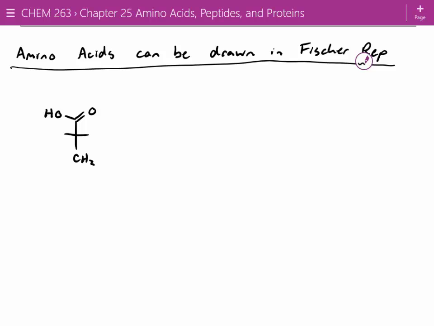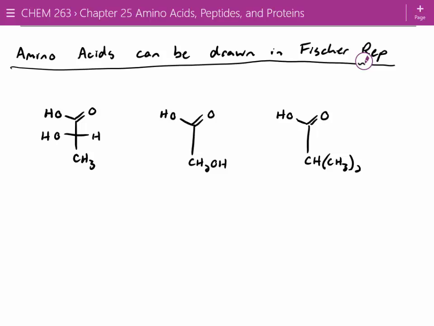I'll have a methyl group down here, CH2OH. Sorry, let me finish drawing all of these and then we'll talk about them. So we've got HOH, HOH. And what we have going left to right is alanine, serine, and valine.